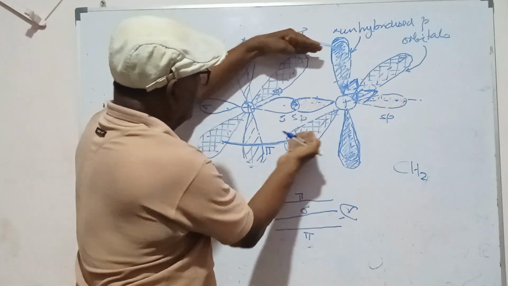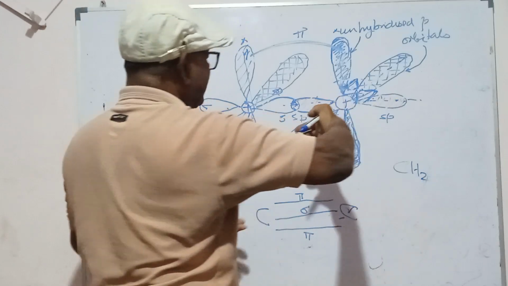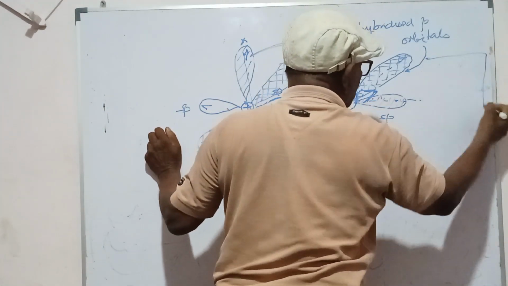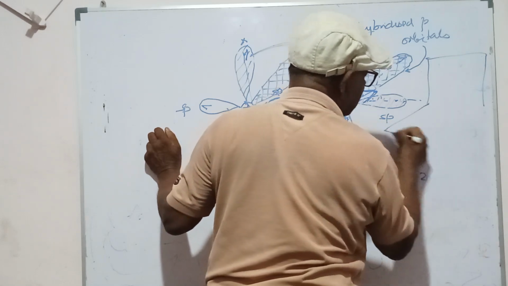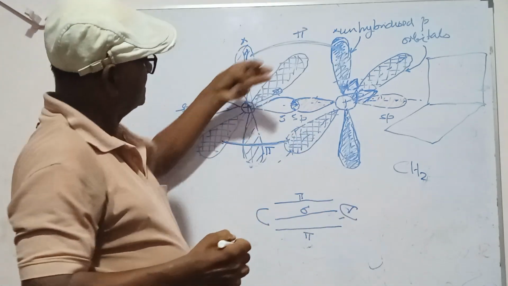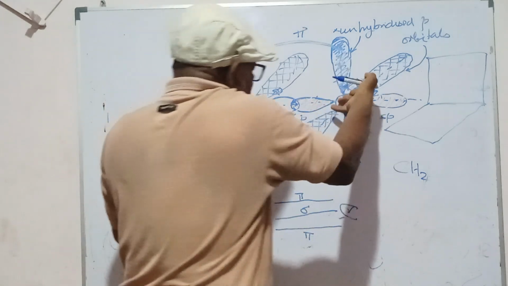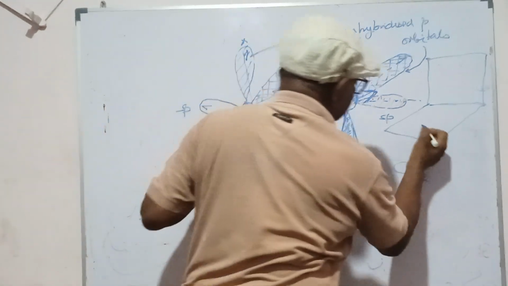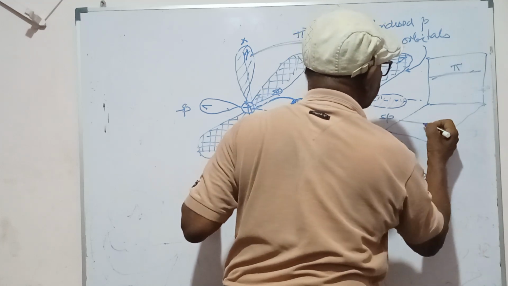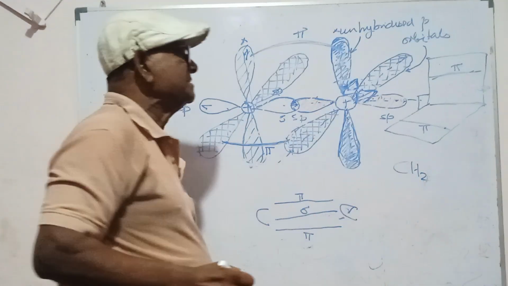These are the two pi bonds between the two carbon atoms. So it is clear that these two pi bonds are in two planes. It is clear, I think. This is the plane of this pi bond. This is the plane of this pi bond. So here pi bond, here pi bond. They are at 90 degrees to each other.